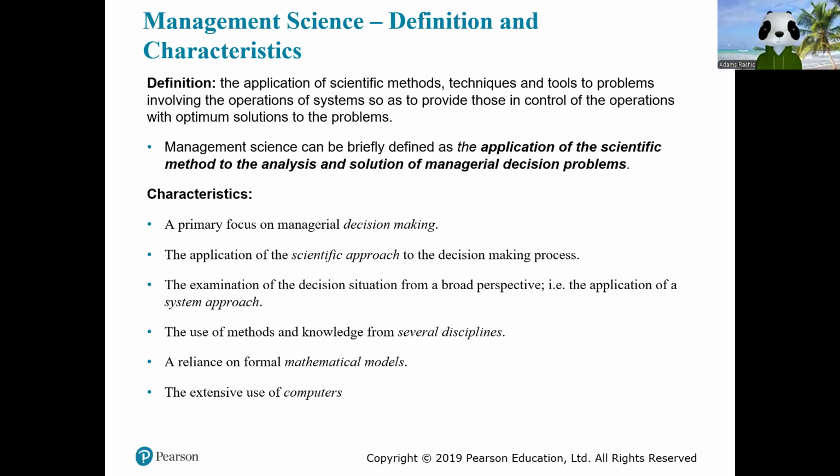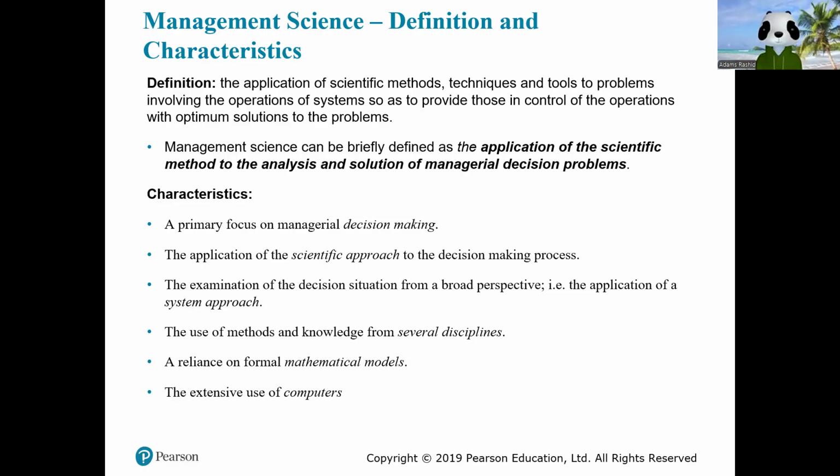It's not just going to be a brainstorming session where you say, oh, if this is so, then we have to go this way. No. State the model mathematically. In other words, scientifically. And once you state the model, you can then make use of computers. So that's the last characteristic.